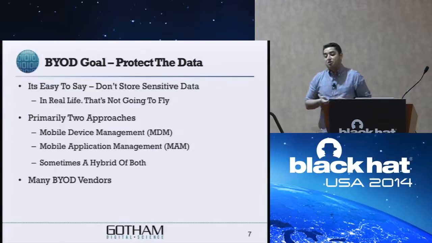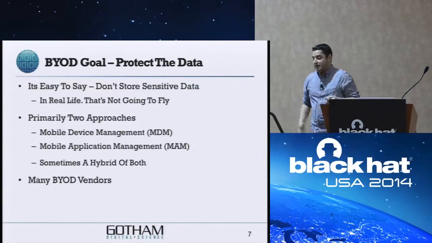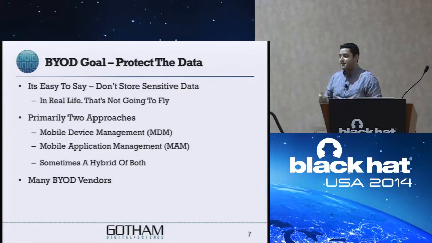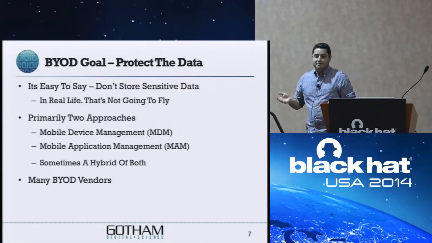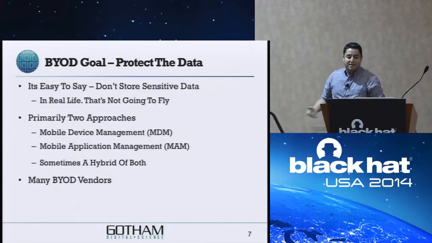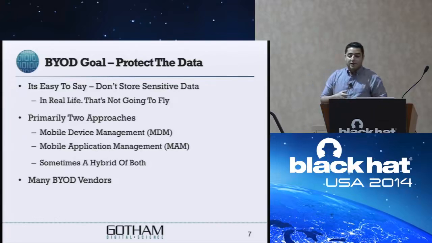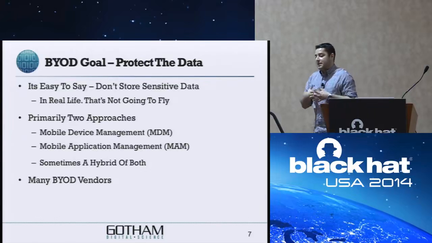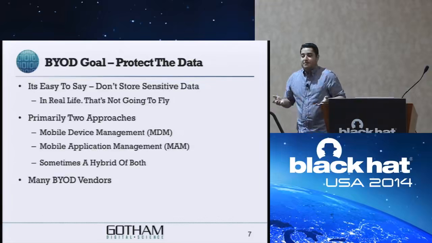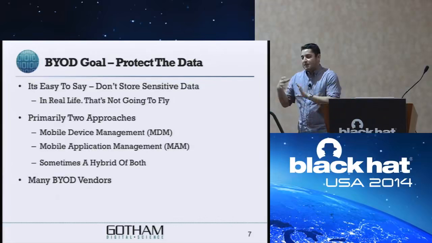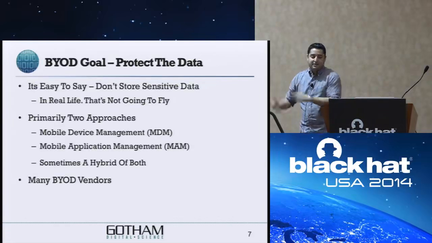If this is your personal device and I set a passcode policy for 8 characters and a timeout of 3 minutes or something like that, this is going to affect your whole experience of using that device. With MAM, the goal is to be at the app level. So you can keep using your mobile device the way you always used it. If you don't want to have a passcode on your device, so be it. Since everything's being enforced at the app level, you can enforce the policies there.